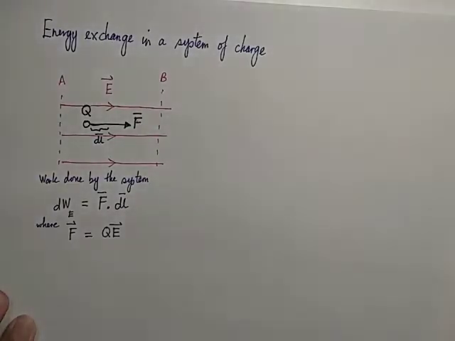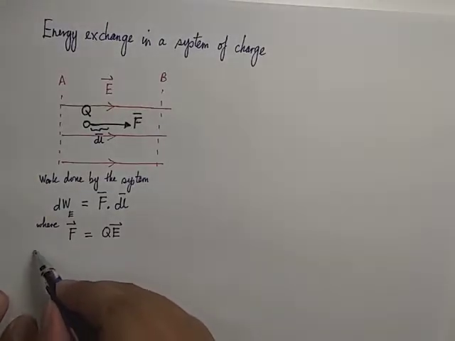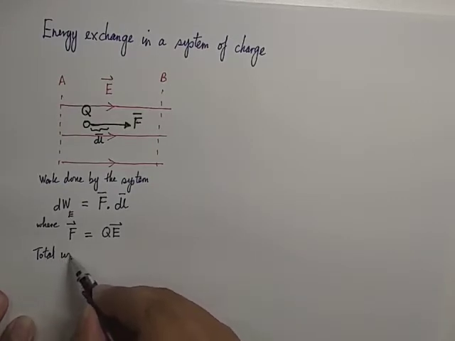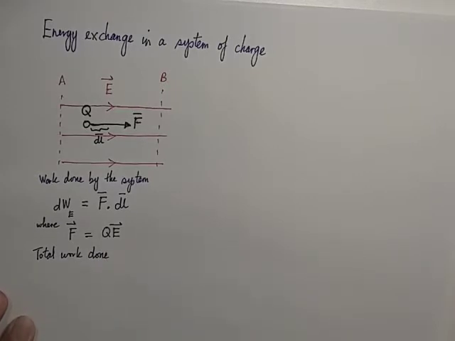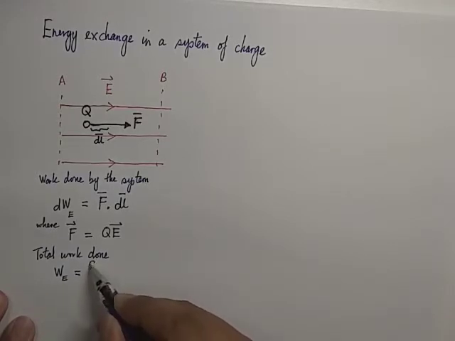So I'm going to rewrite now total work done, but still remember this total work done is done by what? By the system. So I'm going to call it WE.